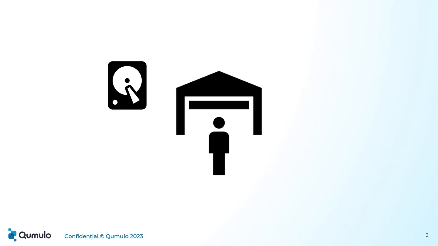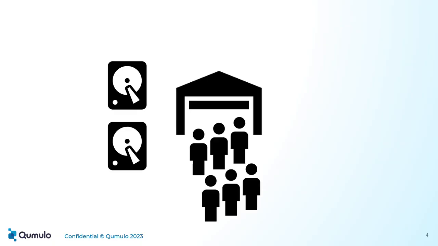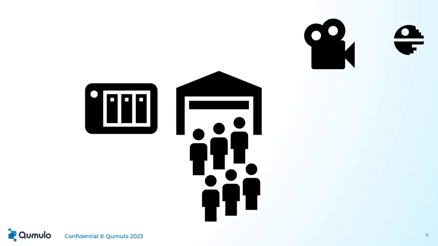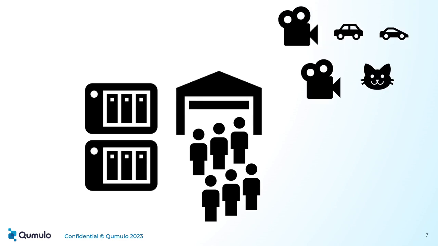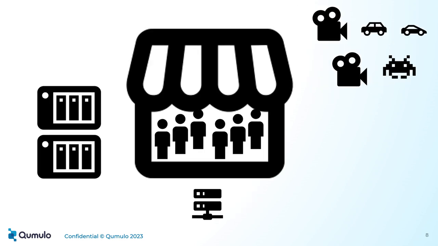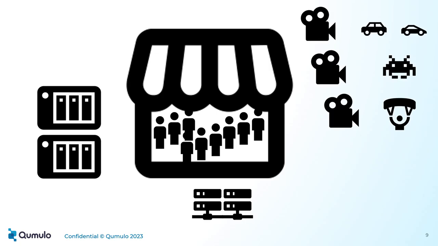This is how a lot of visual effects companies start. One guy working in his garage, he's got an external drive, then they add another person, and they get another external drive, and they add more people, and then they get a consumer NAS. They're working on projects. Then they get bigger, get more projects. Then they move to a small office and get some render nodes and some more small NAS appliances.